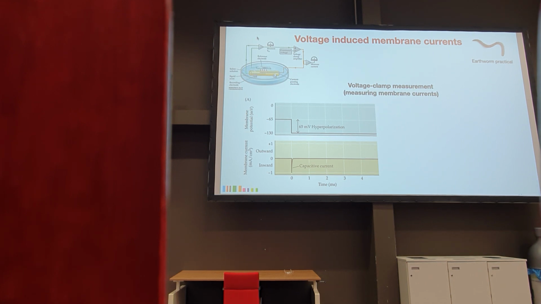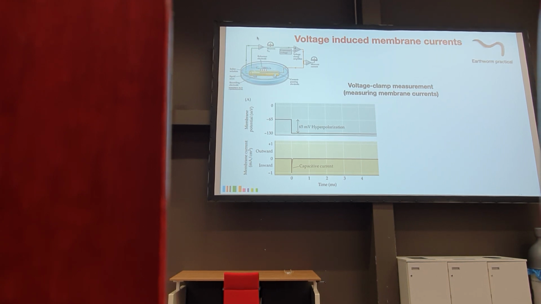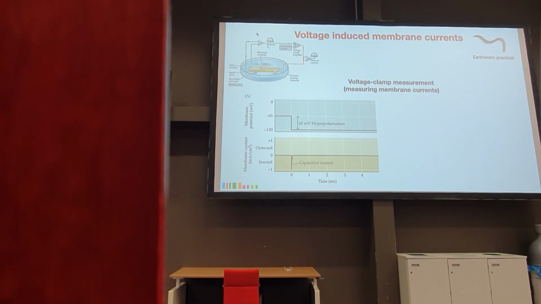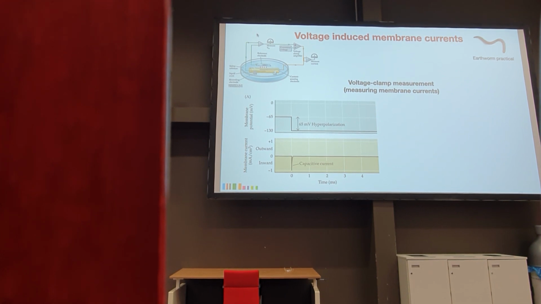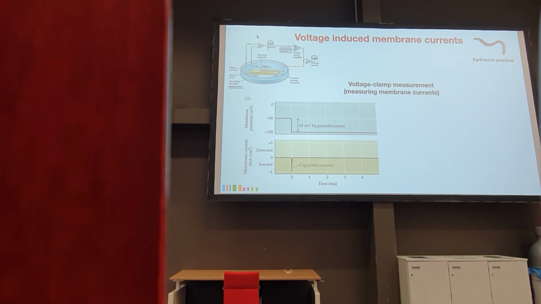So this capacitive current is basically when you have a simple capacitor, so that the membrane actually acts as a capacitor, and a capacitor is also in physics or in electronics, it's a unit, electrical unit, where you can store charge. So there's a certain, if you have a certain potential, there's a certain amount of charge that you can store on the capacitor. It's very important, for instance, for computer systems. And it's also how the membrane acts.